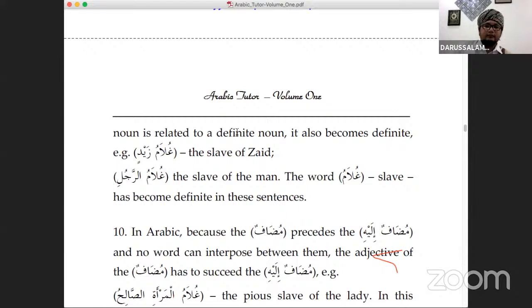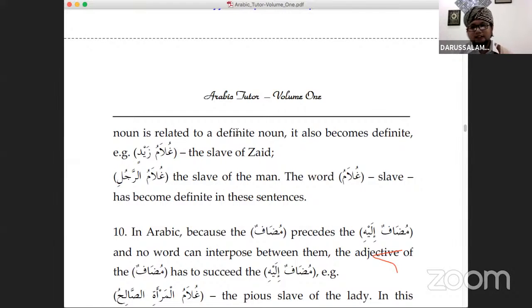Remember that? We mentioned that there are seven types of ma'rifah, and the last one is the mudaf to any ma'rifah. So here, for example, Ghulamu Zaidin.